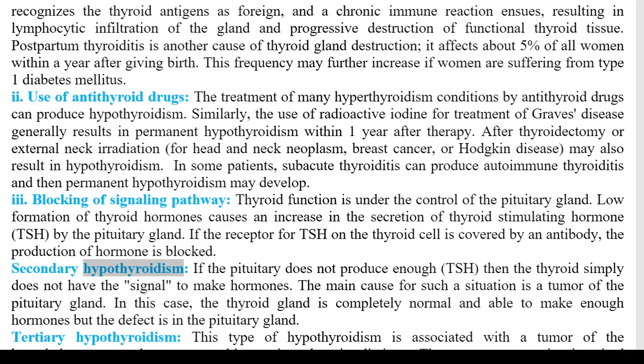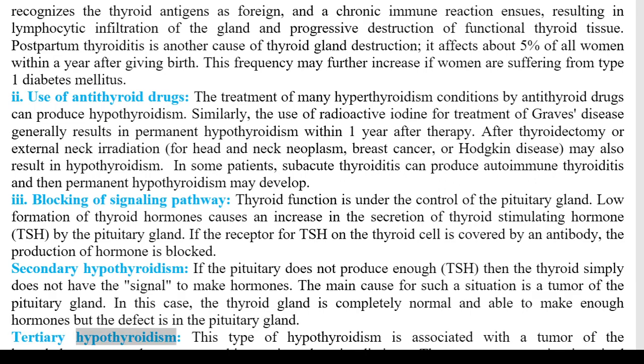Secondary hypothyroidism. If the pituitary does not produce enough TSH, then the thyroid simply does not have the signal to make hormones. The main cause for such a situation is a tumor of the pituitary gland. In this case, the thyroid gland is completely normal and able to make enough hormones, but the defect is in the pituitary gland.